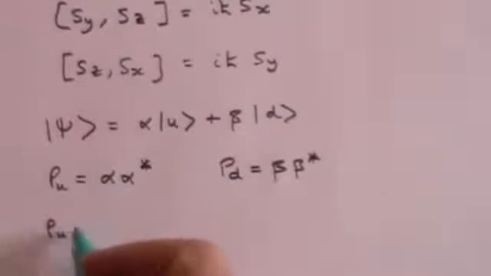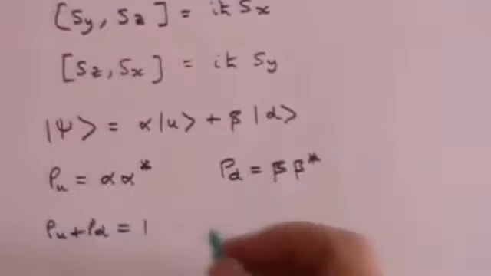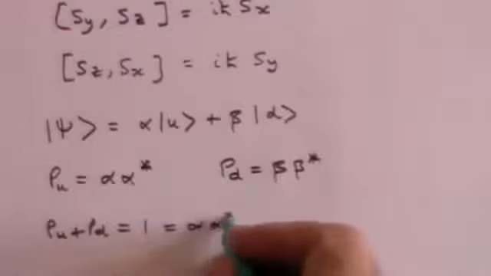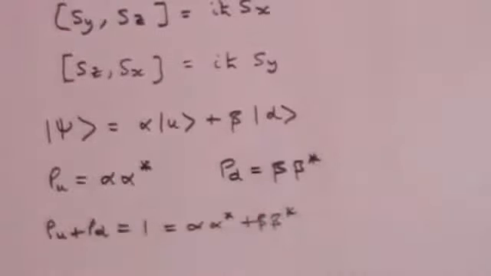That means that the probability of up plus the probability of down is equal to 1. So consequently, alpha alpha star plus beta beta star always has to equal 1. That's called normalization.